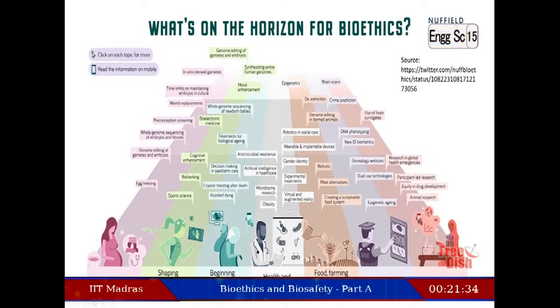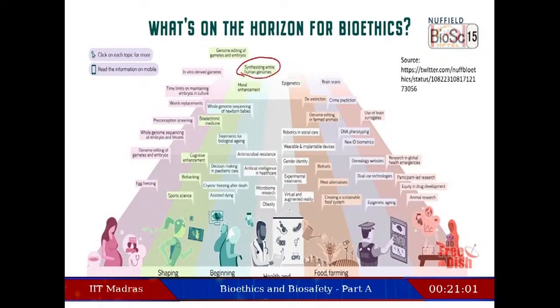So I will not go into detail of this infographic, but you can see here the genome editing of gametes and embryos and other important trending topics in the field of modern biology, like whole genome sequencing of embryos and fetuses, also womb replacements, and then synthesizing entire human genomes.